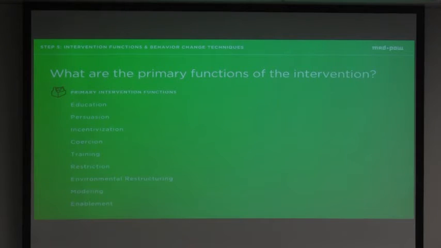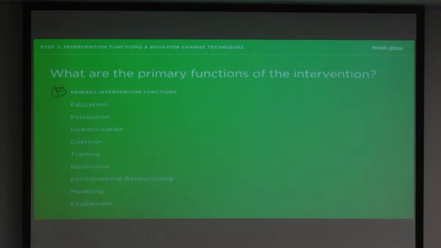Sure. Yeah, so after we go through the set of factors that are important in this particular behavior, we would usually go to the next step, which is describing what is the function of our intervention. And we're using the same methodology by Susan McKay, and this methodology describes those intervention functions that are available to us.